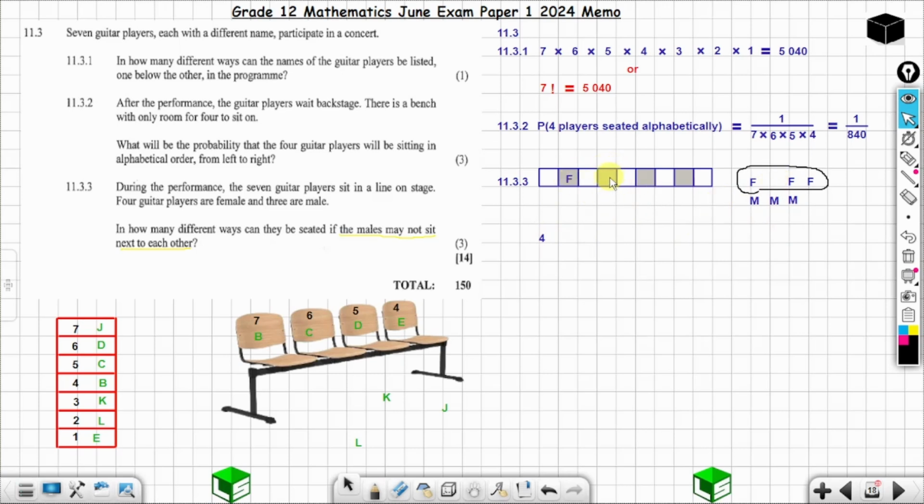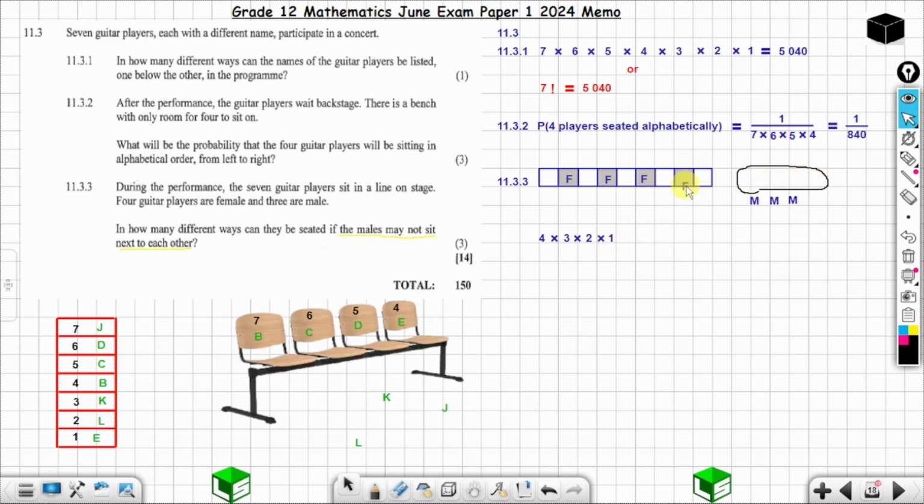In the second place, I've got 3 options to choose from. So I can put this there. In the third place, I've got 2 options to choose from, so times 2. I can put this female there. Now I have one option, times 1.